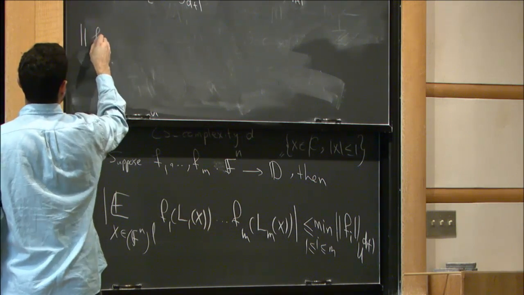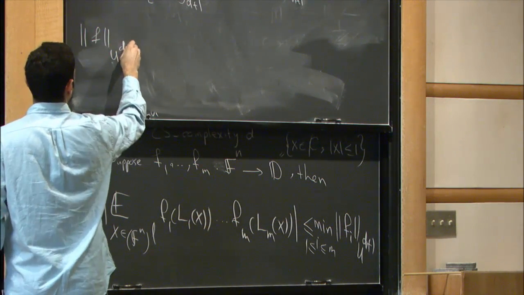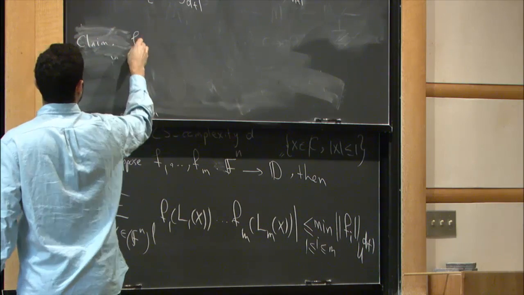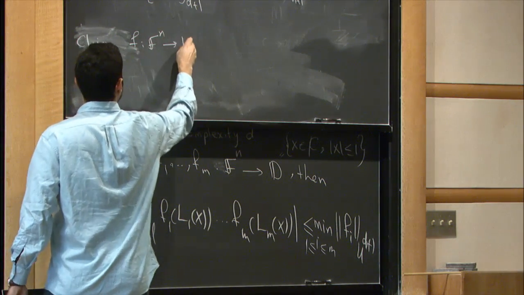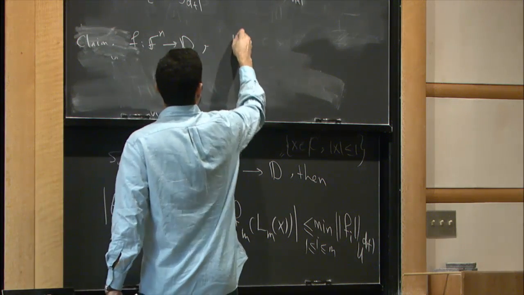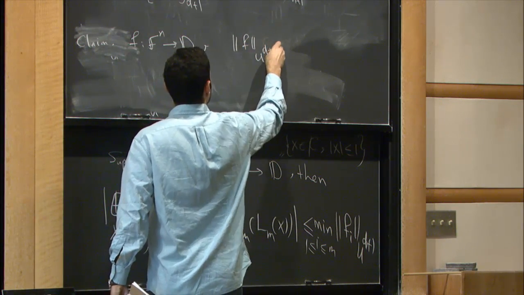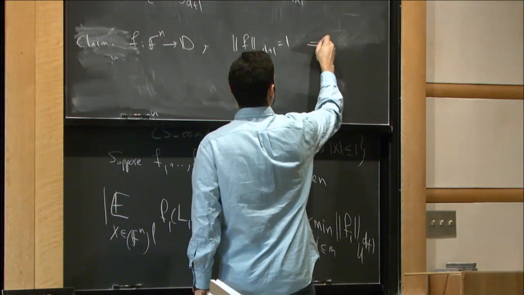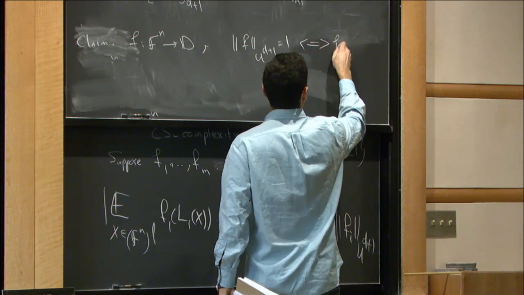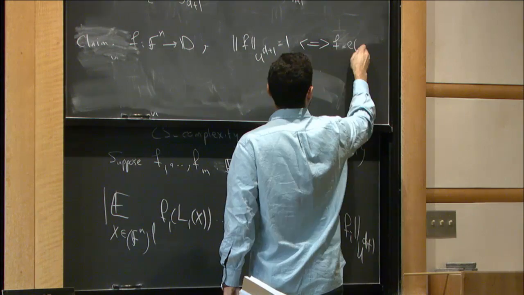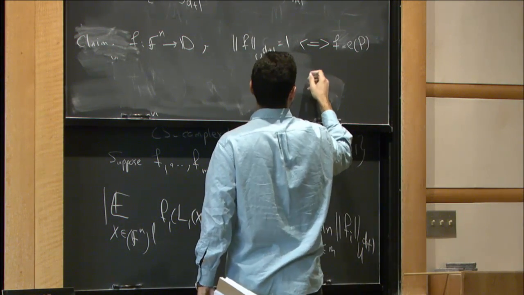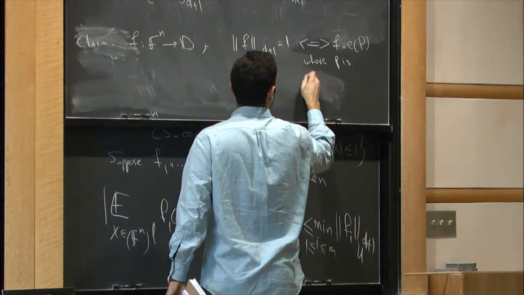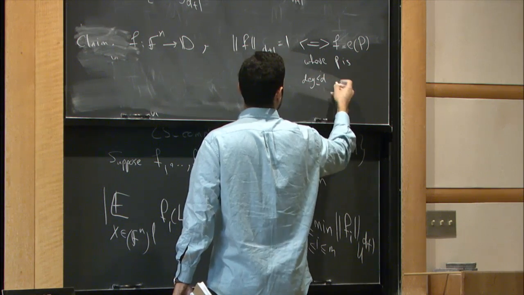We know that for any function, this is a simple claim: the U^(d+1) norm of f is 1 if and only if f is e of some p, where p is a non-classical polynomial of degree less than or equal to d.